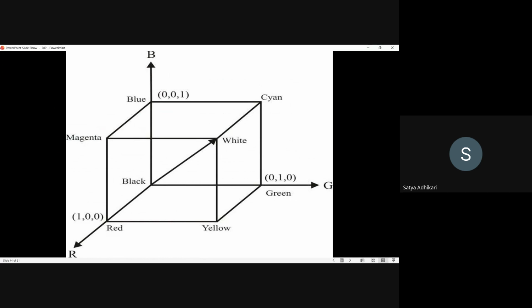You see the black color, which is the origin 0, 0, 0. And the white color, you see, the coordinate of white color is 1, 1, 1. That is, the R value of that coordinate is 1, G is also 1, as well as B is 1.